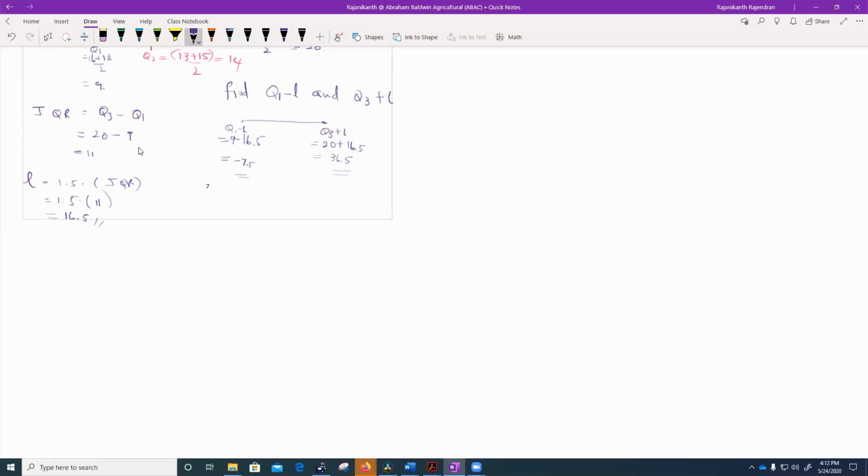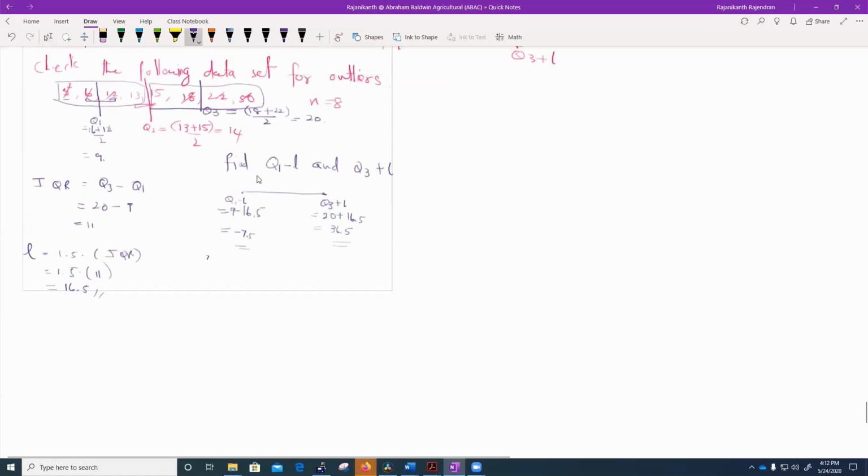Do you find such a number? Okay, if you look at my data set, nothing will be smaller than negative 7.5, right? Because in order to get smaller than negative 7.5, you should have negative numbers. I don't have any negative numbers in my data set. So you only have to look for the numbers which are bigger than 36.5. Do you find any number which is bigger than 36.5?